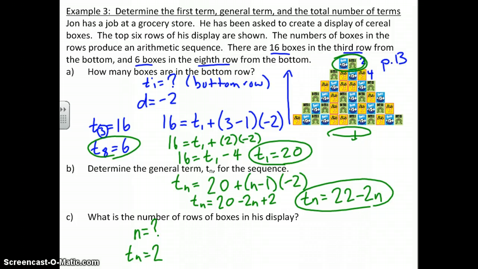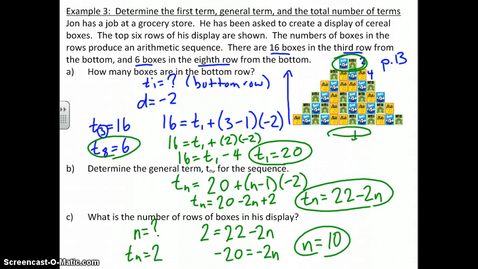So we go to our formula: Tn, so 2 equals 22 take away 2n. We solve for n, so we subtract the 22 from the other side, so we get negative 20 equals negative 2n. n equals negative 20 divided by negative 2, which is 10. We've got 10 rows of boxes in this display.